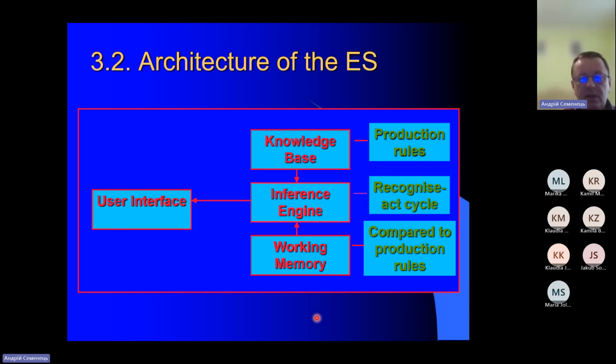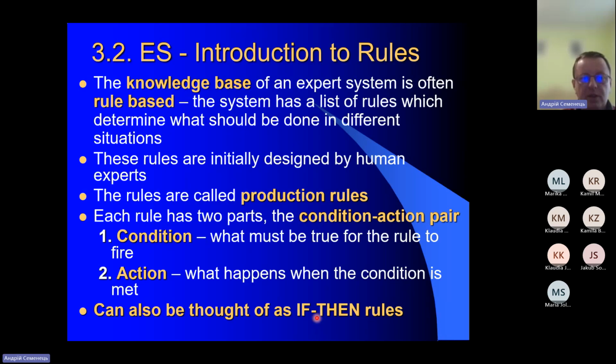So when we consider the architecture of an expert system, again, it will be quite similar to that shown for a clinical decision support system. It's composed of a knowledge base, inference engine, working memory, and of course, a user interface. The knowledge base in an expert system is rule-based: the system has a list of rules which determine what should be done in different situations, and those rules are initially decided by an expert.